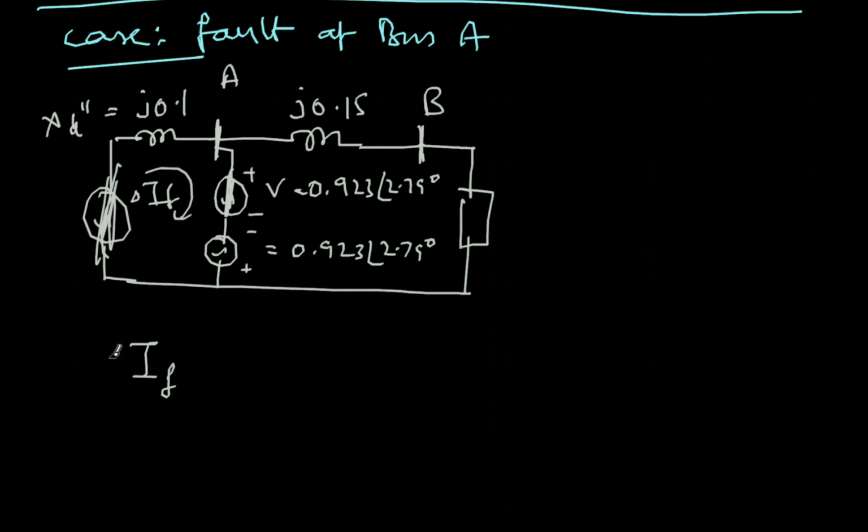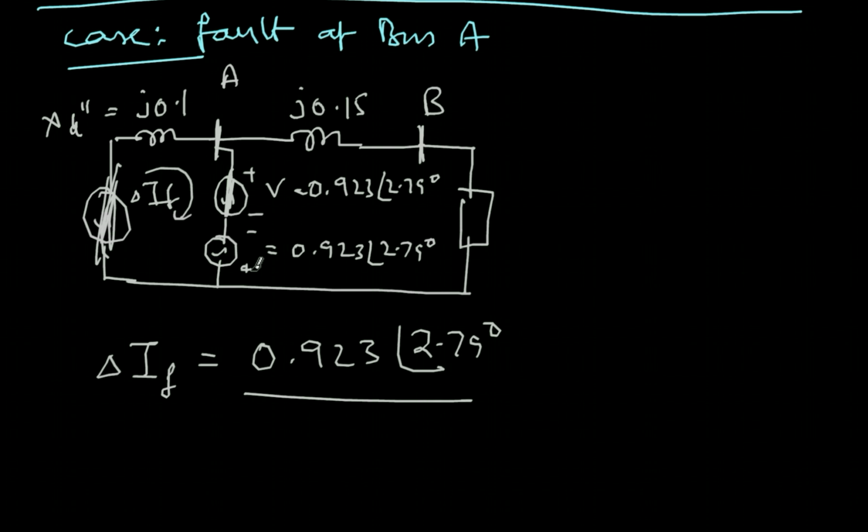So delta IF will be equal to 0.923 angle 2.79 degrees. Notice that this is the plus direction, so the current direction is also like this. The impedance is only j0.21, so the current will be minus j10.23 angle 2.79 per unit.